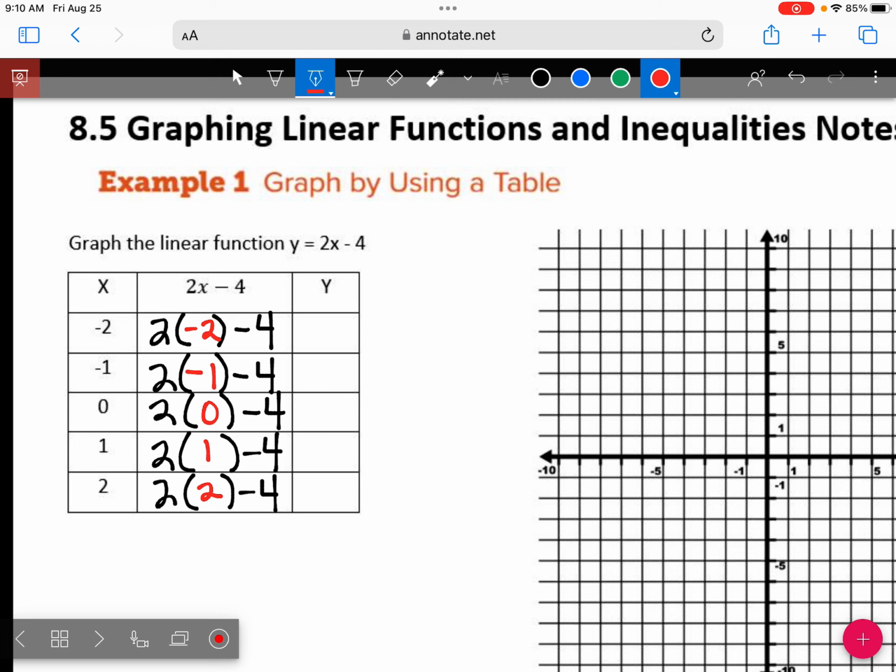You're going to type it in just like that. 2 parentheses -2, close your parentheses, -4. And do the same thing for the other 4 numbers.